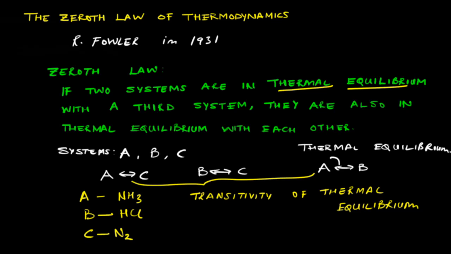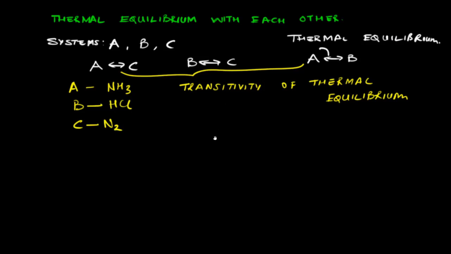Now, the importance of the zeroth law is that it provides us with an analytical criterion of thermal equilibrium. That means the zeroth law states that there is an equality of a certain property of systems which are in thermal equilibrium with each other.